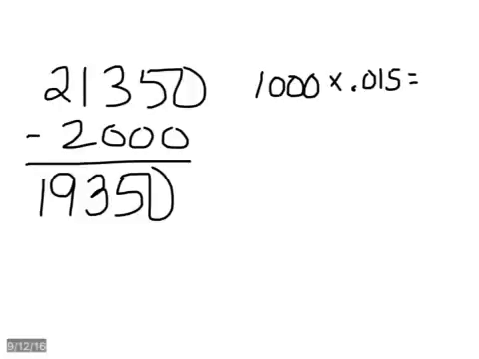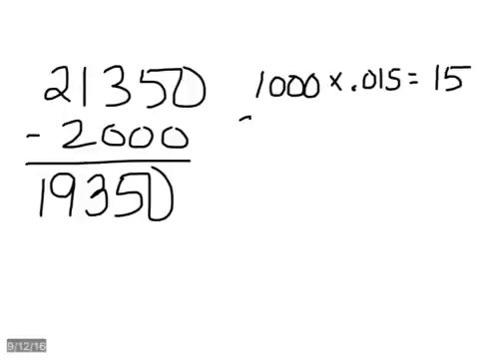When it says 1.5%, and I wrote 0.015, what did I do? I just made it into a decimal. Right, Anna, thank you. What's 1,000 times 0.015? 15.